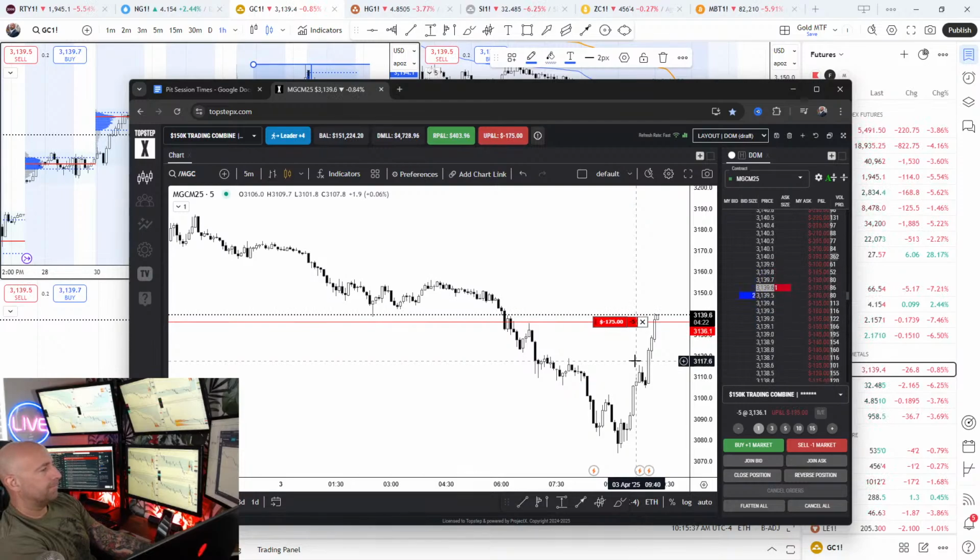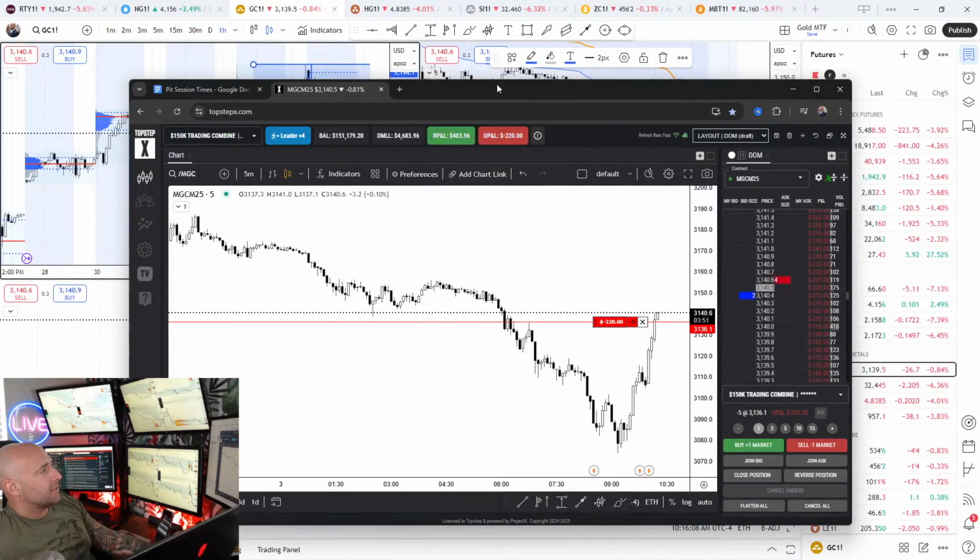Might have to cut it. We'll give it to about 300 bucks. Have to cut it. Looks like it's trying to go green. So the setup on this one, guys, is the VWAP bounce, obviously to the downside.